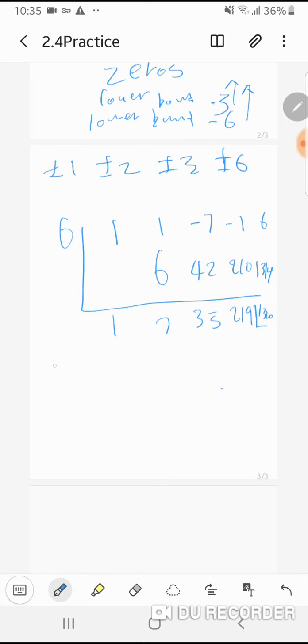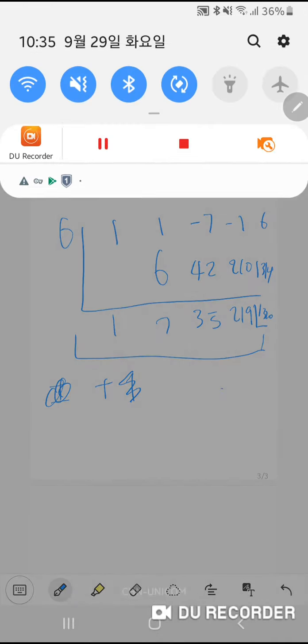So in here we can see that all of these numbers are positive numbers, right?